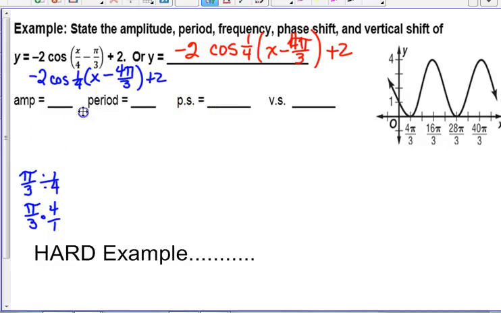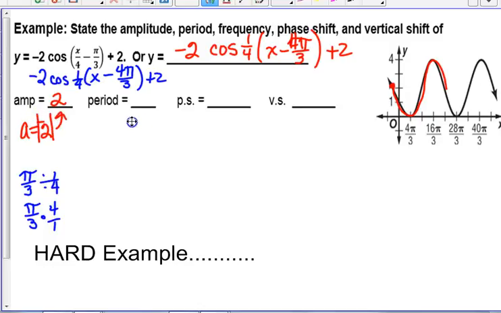Okay. The A is 2. The negative flips it upside down, which is the reason the graph starts doing this. Okay? It's upside down. The amplitude is 2 because it's the absolute value of A. I guess we could have written A as -2, and then the absolute value is the amplitude.